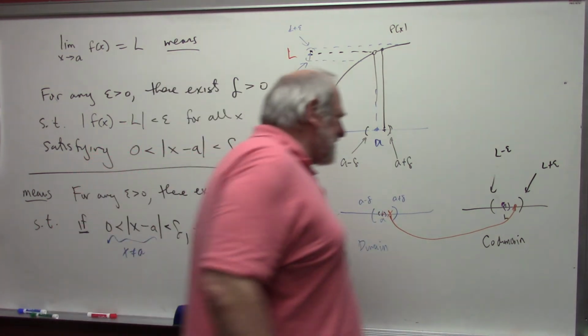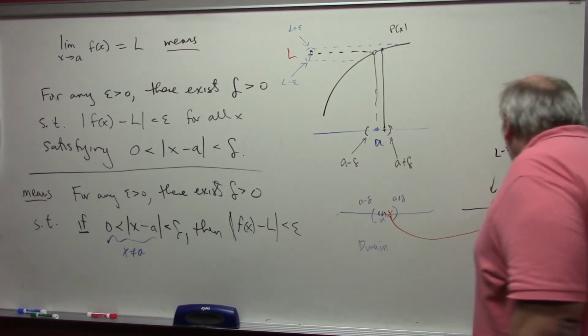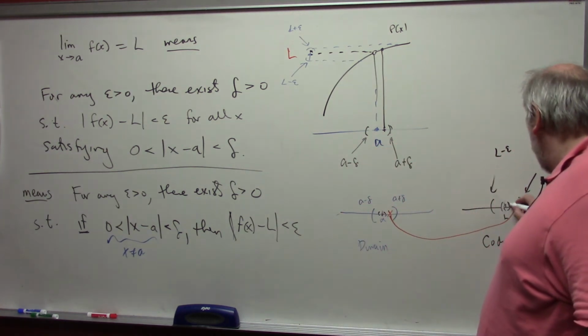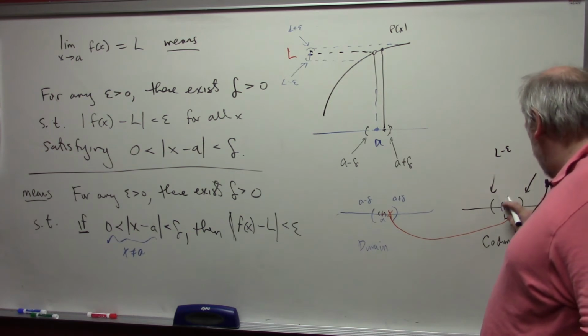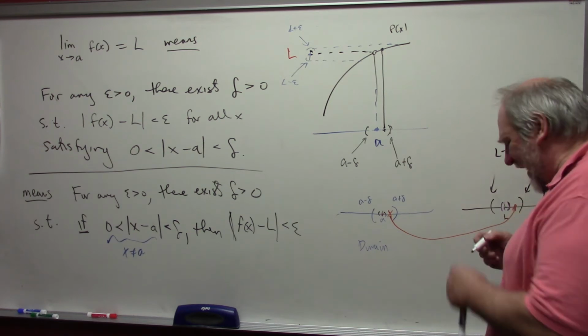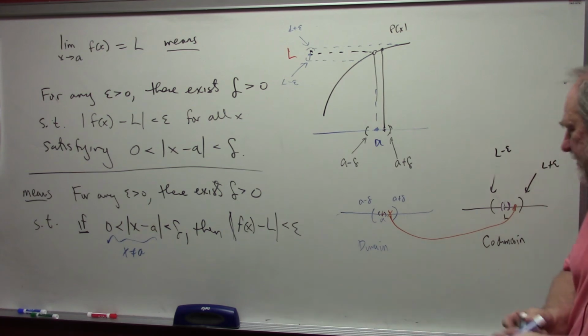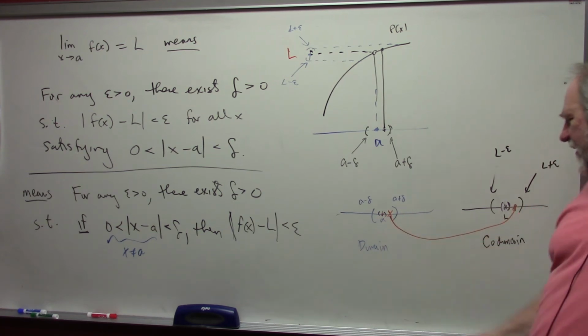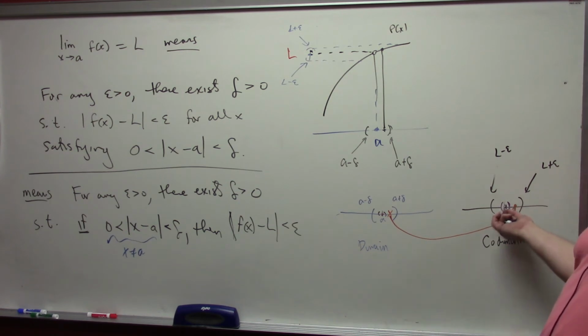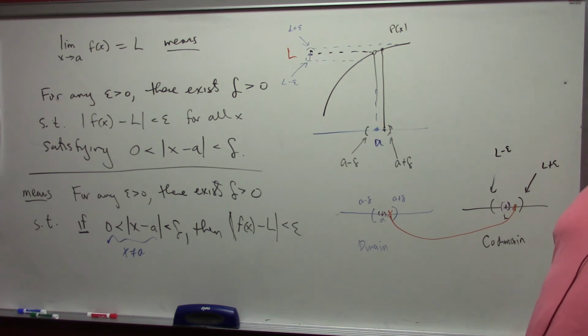But the point is that no matter what epsilon interval I pick, this is always true, then basically we can get this shrunk down as close as we want. Which means that as I approach A here, my y value has to approach L over here, which is what we were looking at in terms of limits. So this is the precise mathematical definition.